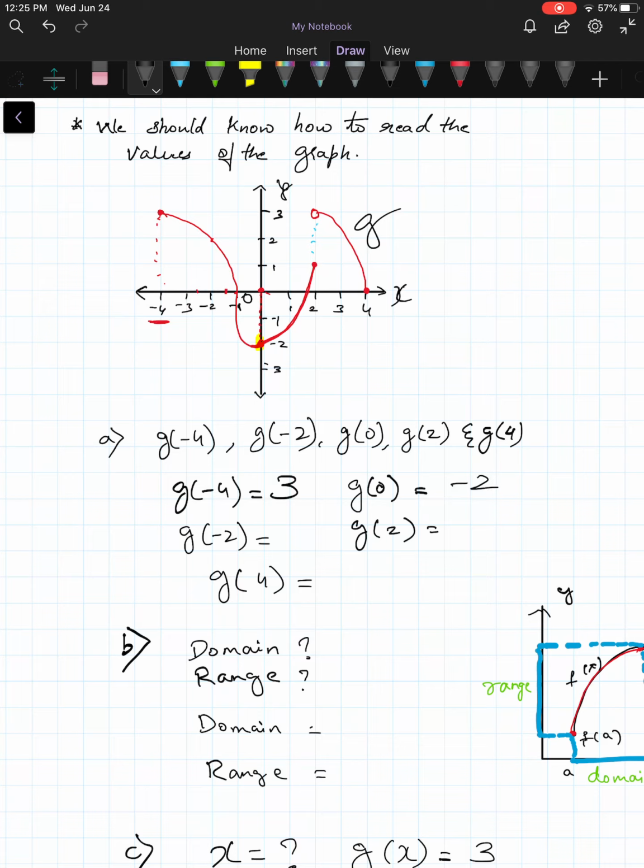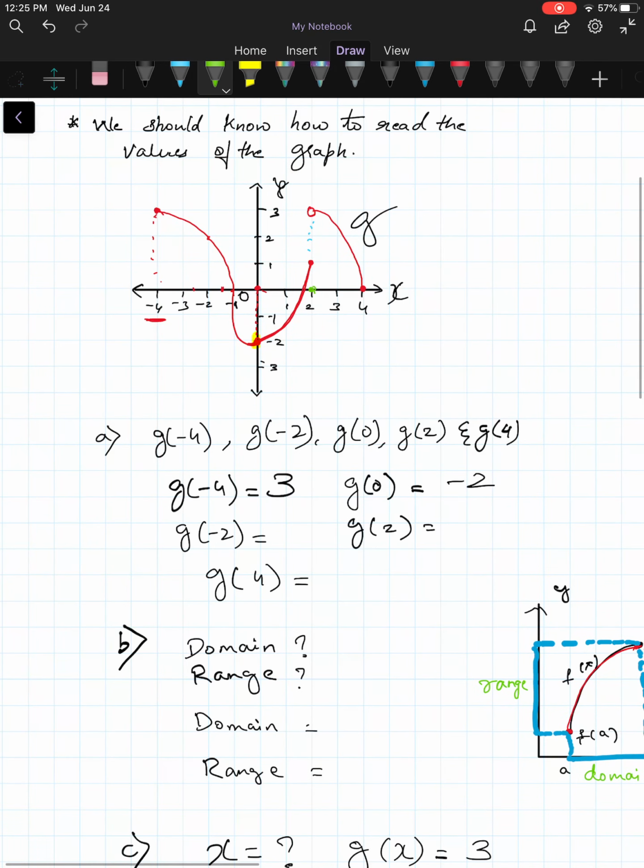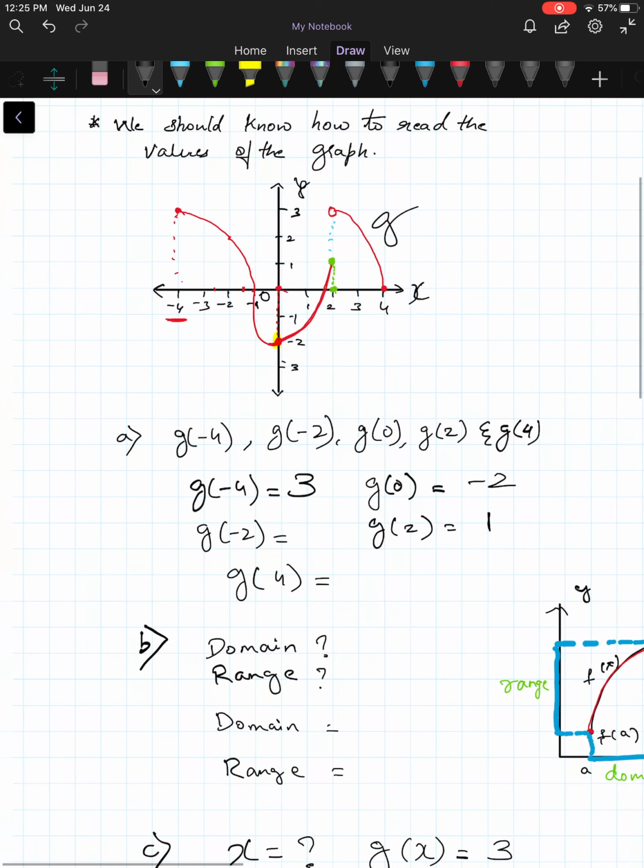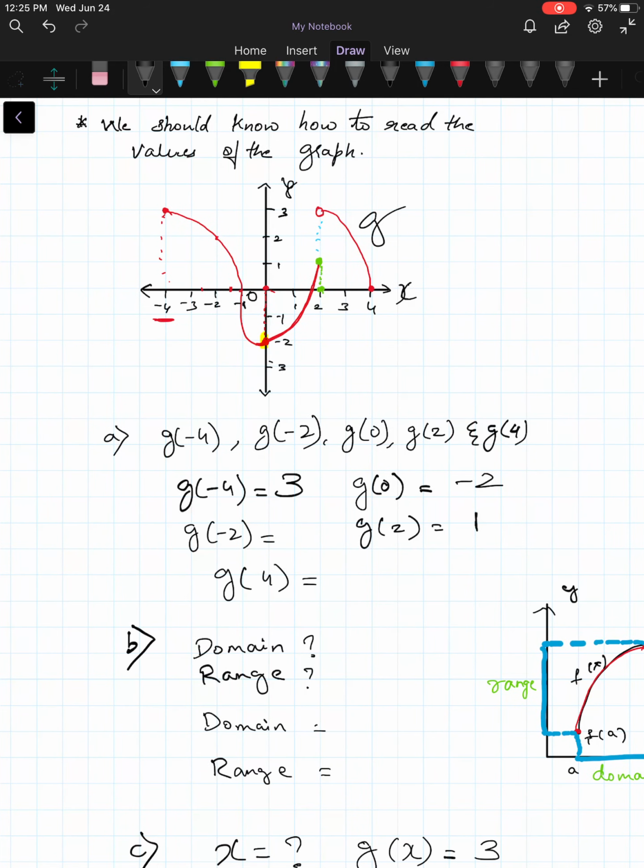Next, G of 2 will be the point at x equal to 2. That would be here; this is x equal to 2, and if we go above, this is the point of the function, that is 1. So G of 2 will be 1. What is G of -2?